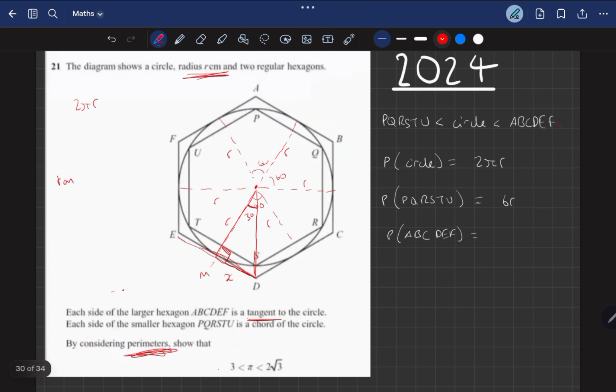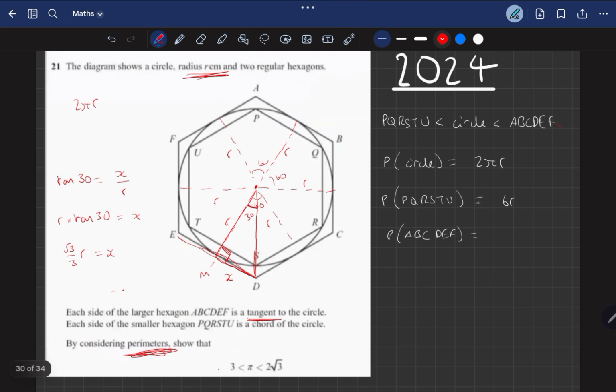So tan 30 is equal to the opposite over the adjacent, which is x over r. We're trying to find x in terms of r, so r times tan 30 is equal to x. And we know that tan 30 is root 3 over 3, so x is root 3 over 3 r.